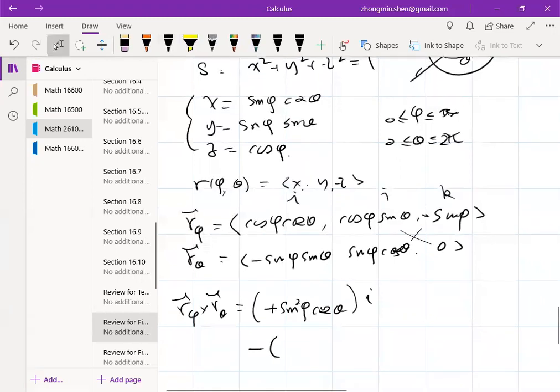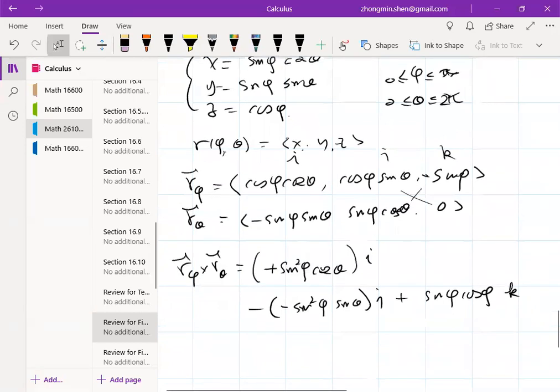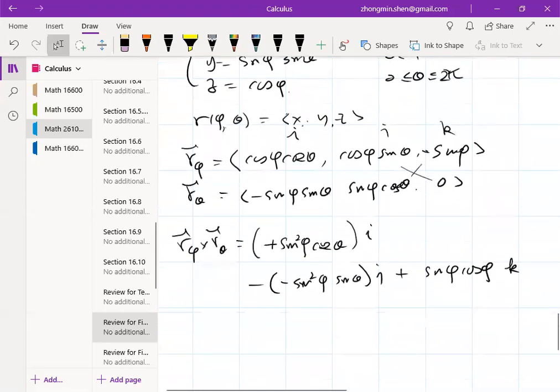Then the next one is negative sine squared phi sine theta, the j component, plus sine phi cosine phi, the k component. So you get the cross product.